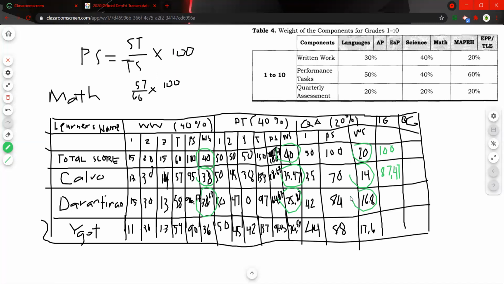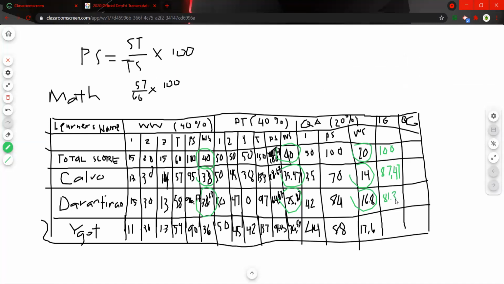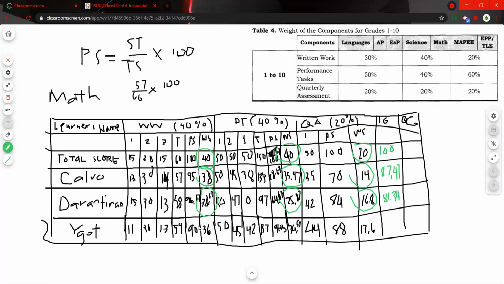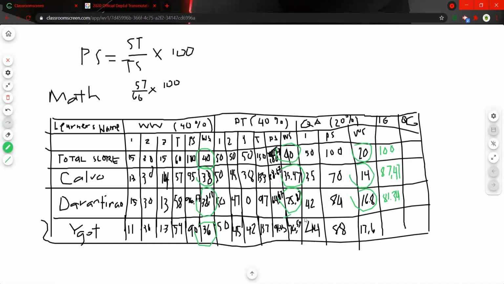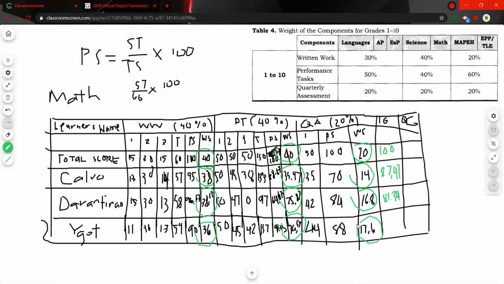That is equal to 81.34. Then for Igot, the last one, 36.53 plus 17.6 plus the written work score, that is equal to 90.17.